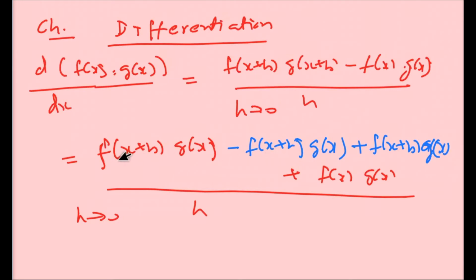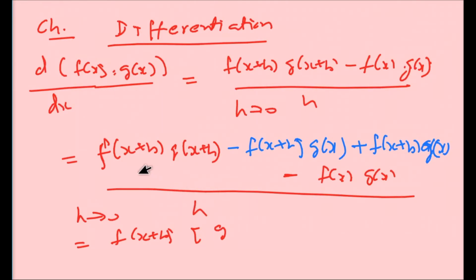Now taking the common f(x+h) here and taking the common g(x) here. Okay, what do we get here? f(x+h) in bracket, g(x+h) minus g(x), and here also minus f(x+h) g(x) plus f(x) g(x), where we have subtracted and added.